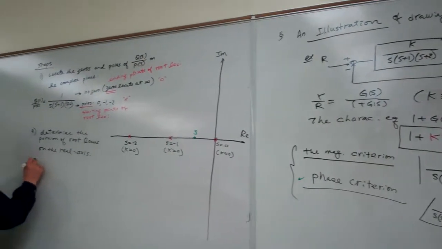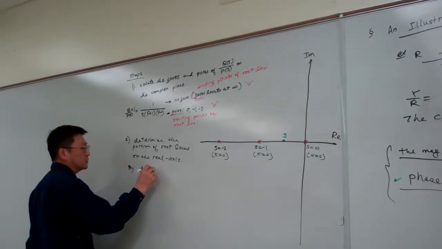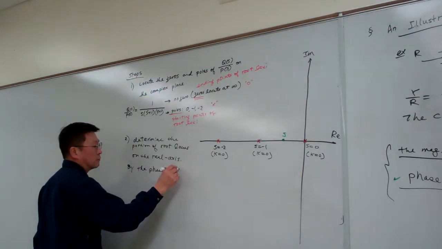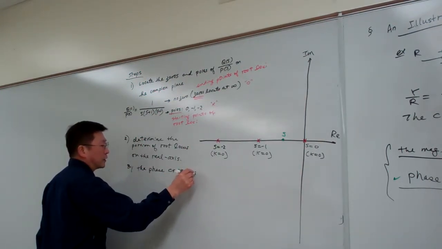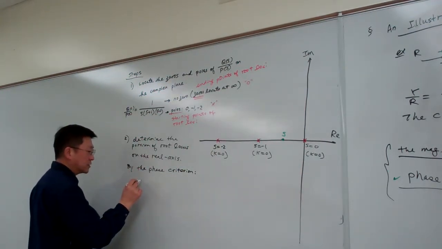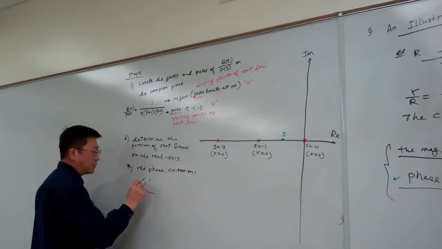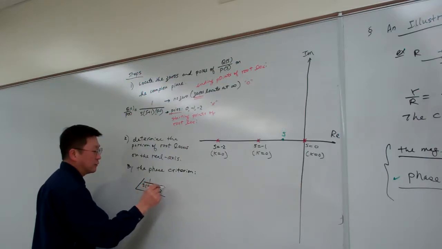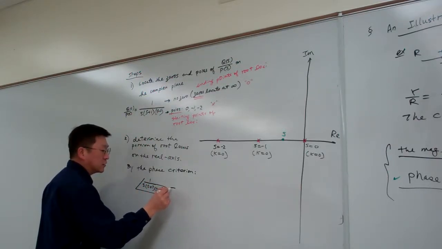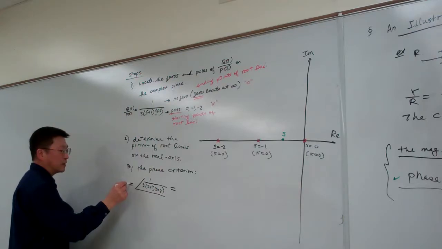So by the phase criteria, let me rewrite. Basically, that is 1 over S times (S plus 1) over (S plus 2), and that is equal to, on one side, we can do the calculation.